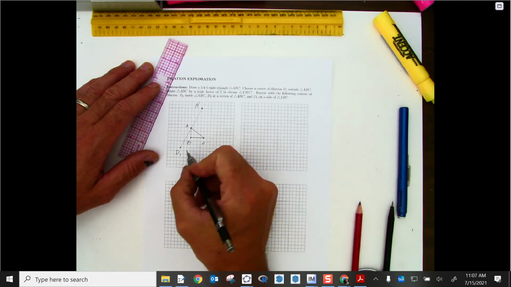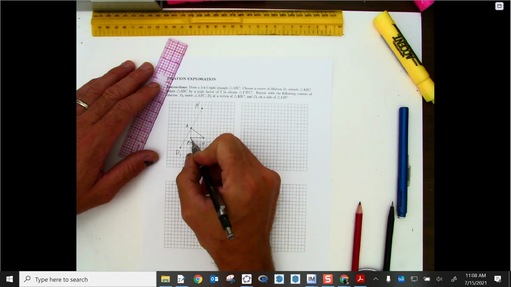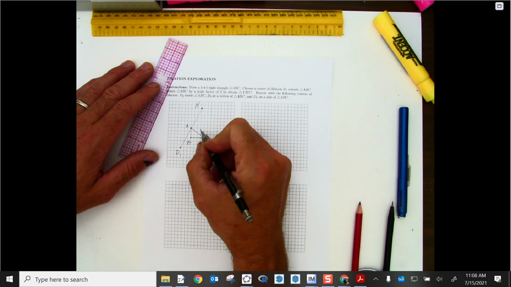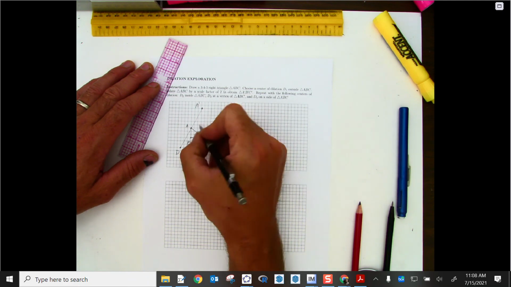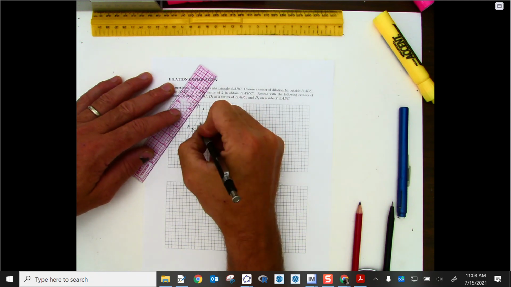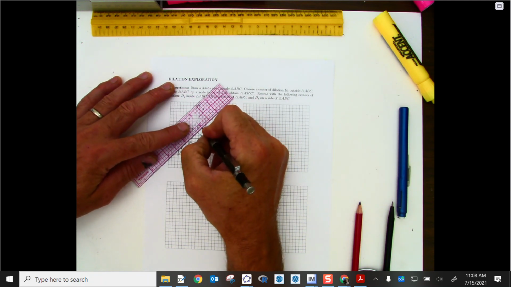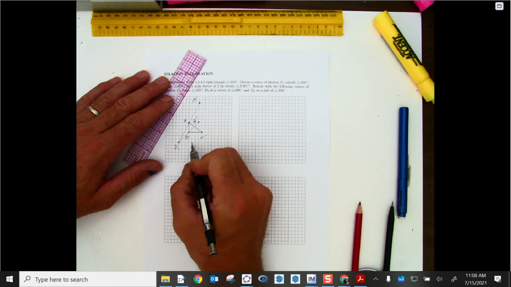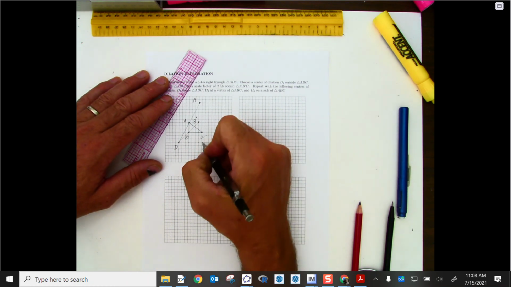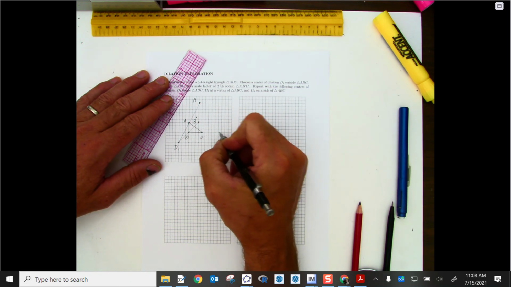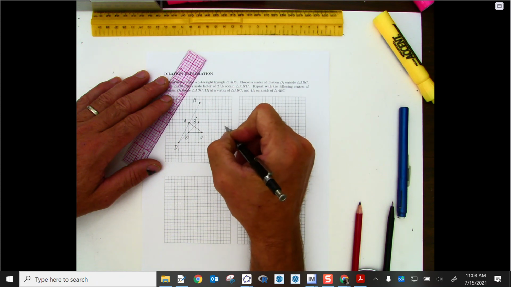Let's do the same thing with B. I go over 3, up 3. So that means if I go over another 3 and up 1, 2, 3, this should be where B prime is. Again, those guys seem to be collinear. And then to get to C, I go over 3, 4, 5, 6, 7, up 1, 2, 3.